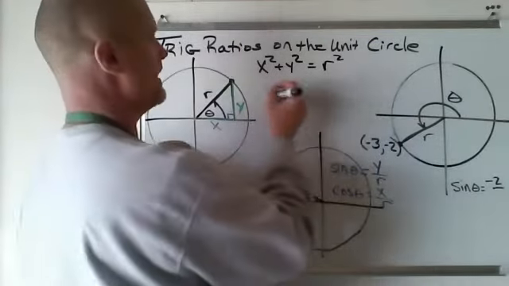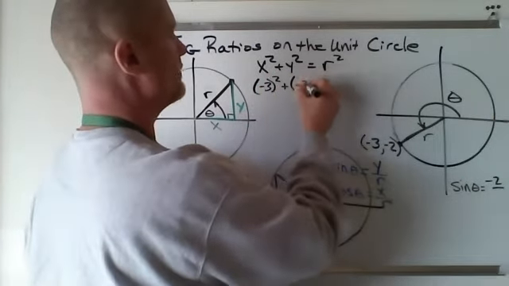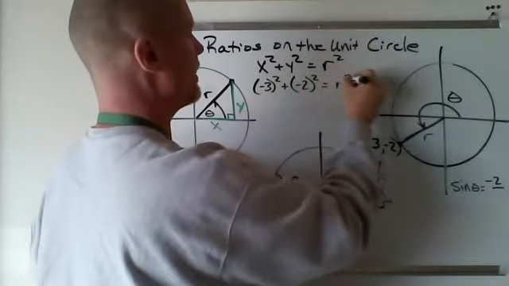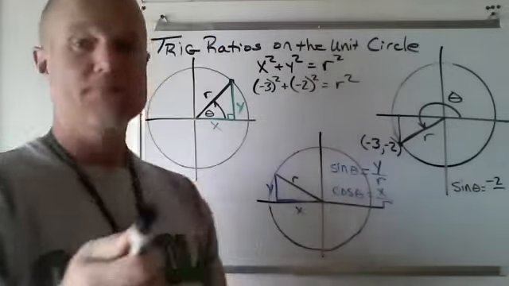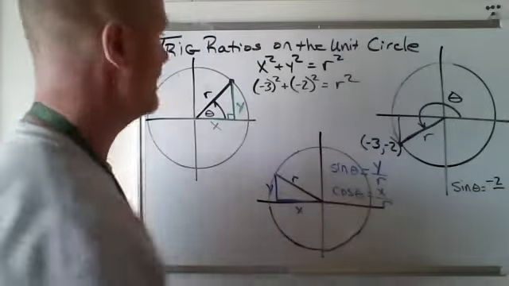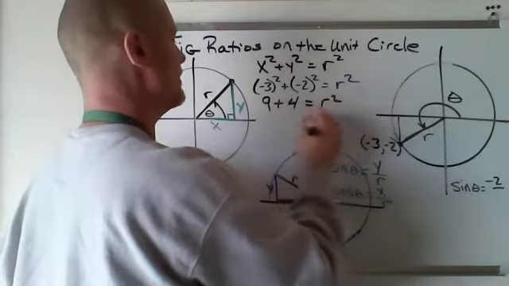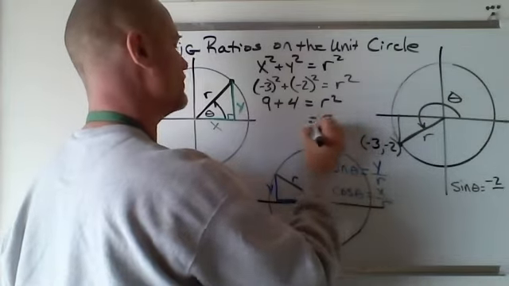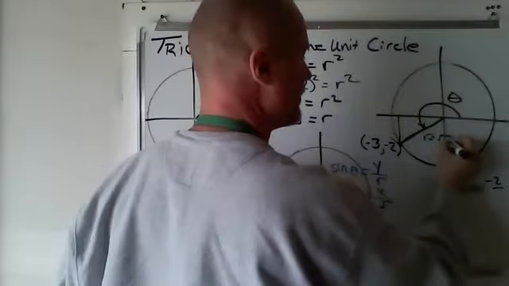So (-3) squared plus (-2) squared is going to give me my r squared. Now, some of you might be saying, why don't you just use the Pythagorean theorem? But remember, the equation for a circle is really just the Pythagorean theorem anyway. So this is 9 plus 4 is equal to r squared, so r is equal to the square root of 13.